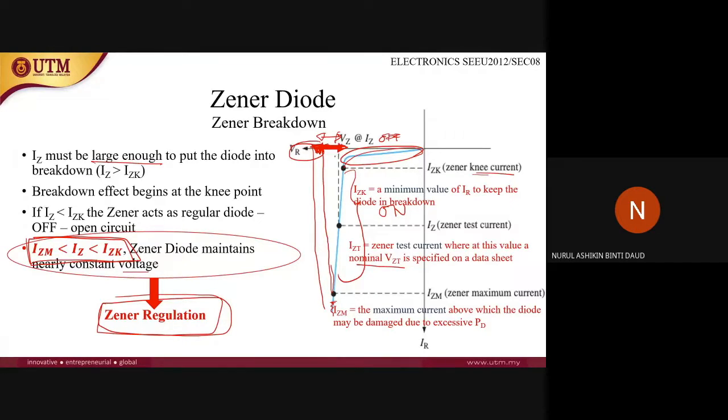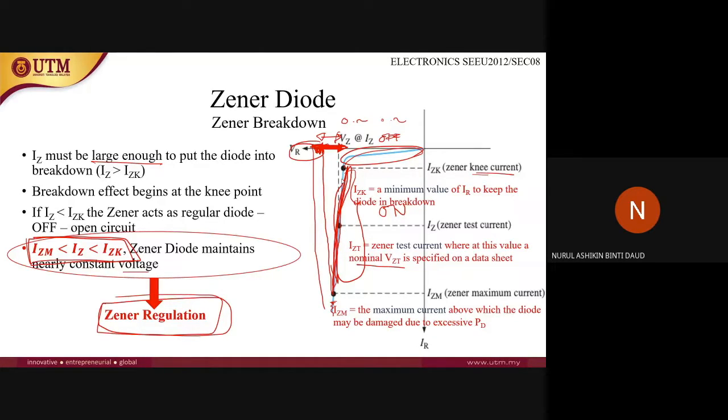It looks bigger here, but it's actually very, very small. The change of the voltage is around 0 point something to 0 point something. So the change of voltage is very small, but it will allow lots of current to flow inside the circuit.